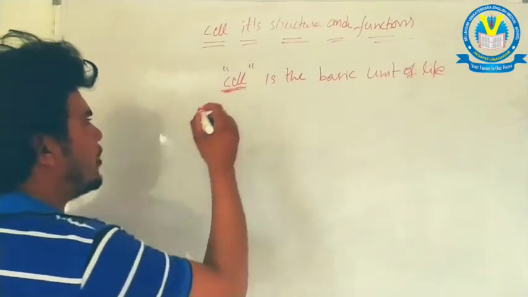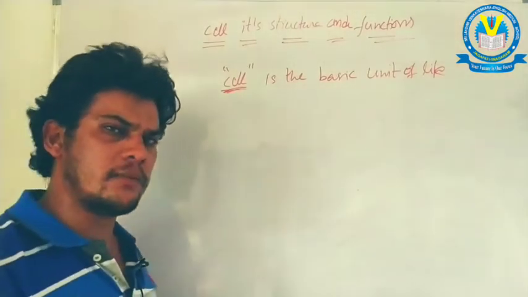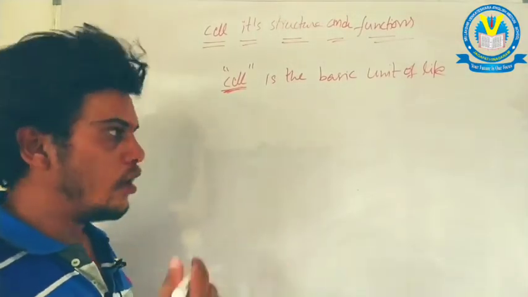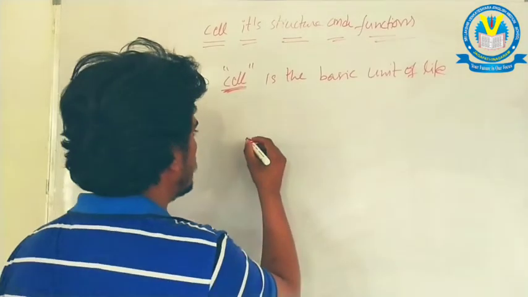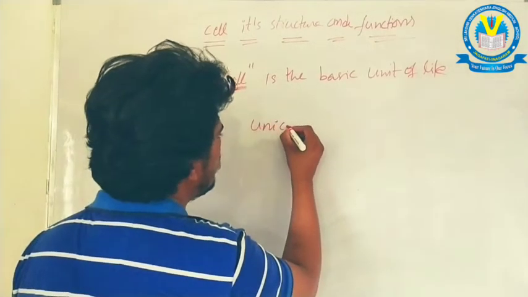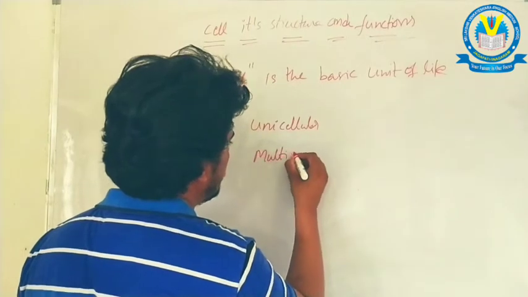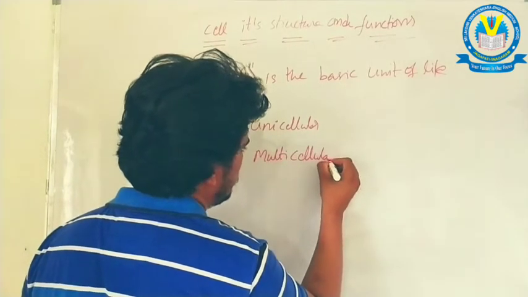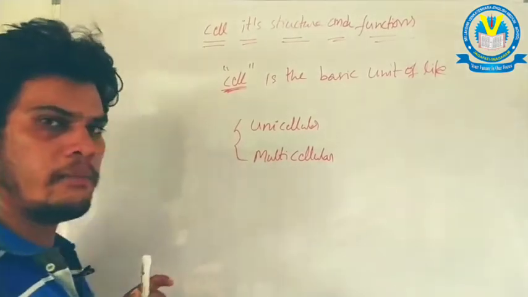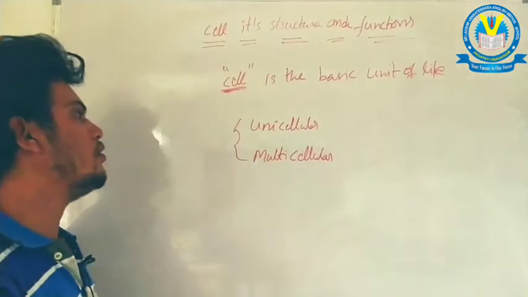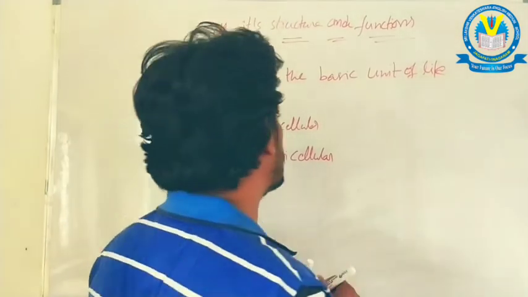Depending upon the number of cells present, organisms can be classified into unicellular and multicellular. What are unicellular organisms?